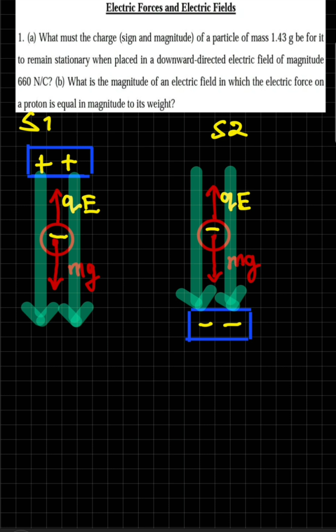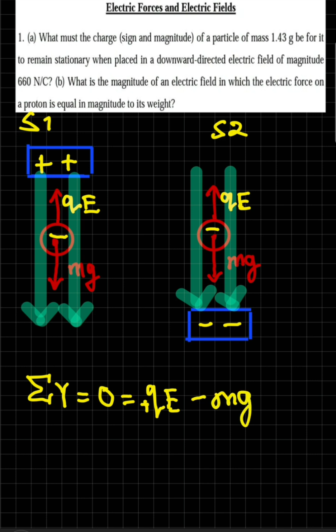Okay, so we know the sign. First thing done. Now we need to find the magnitude of the charge. We know that the summation of forces in the y is 0. We have QE, which is upward, going in the positive direction, so it is positive. And we have mg going downwards in the negative y direction.